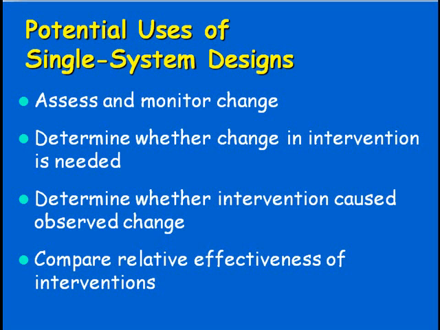You can assess and monitor change, and if you'll take a minute and turn to page 295, it's actually in chapter 12, but that's okay. It's a simple A-B design, page 295, figure 12.2. You can see there's the baseline and intervention.